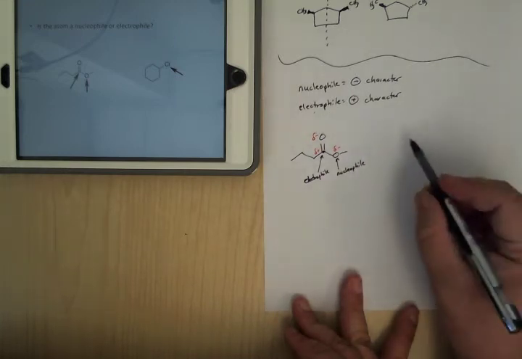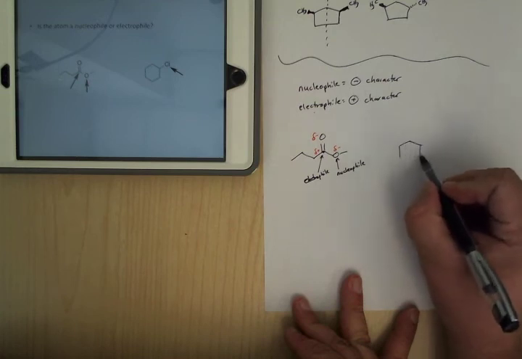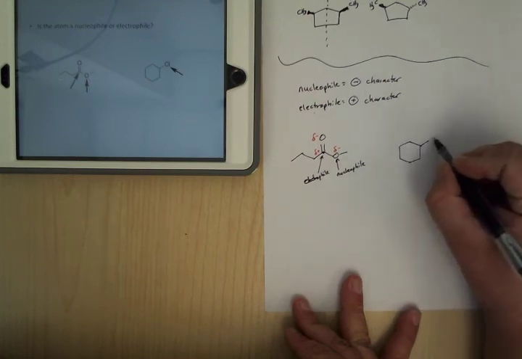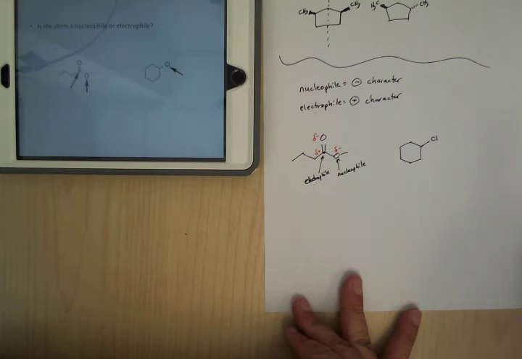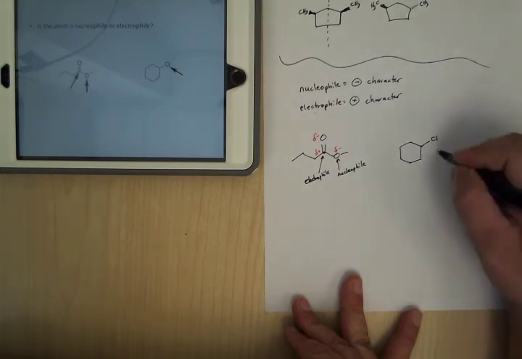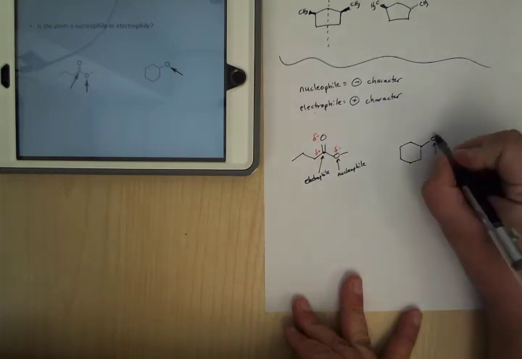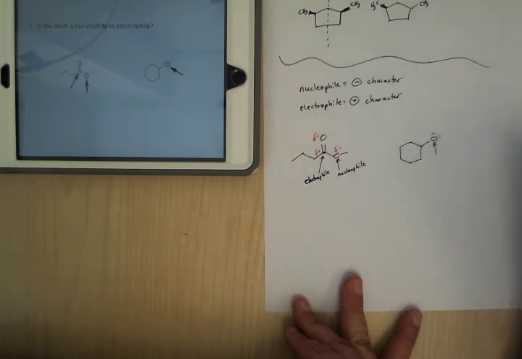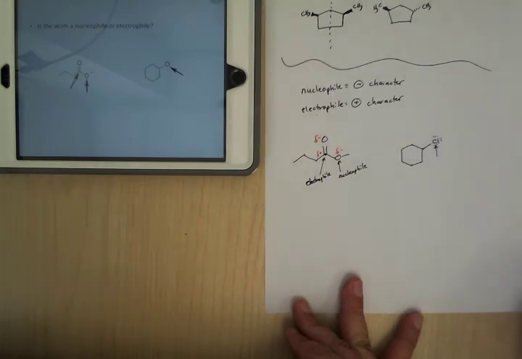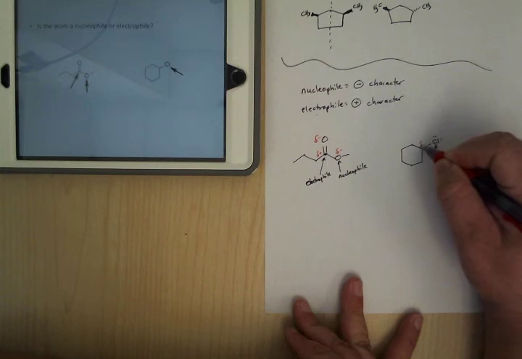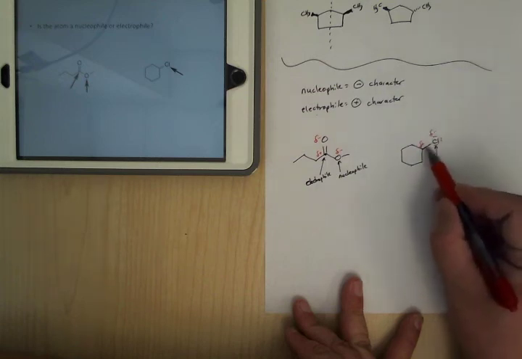If we look at this one here, Cl, we're interested in that chlorine there. For one thing, it's got lone pairs. But also there's a partial positive here because this is a polar bond.